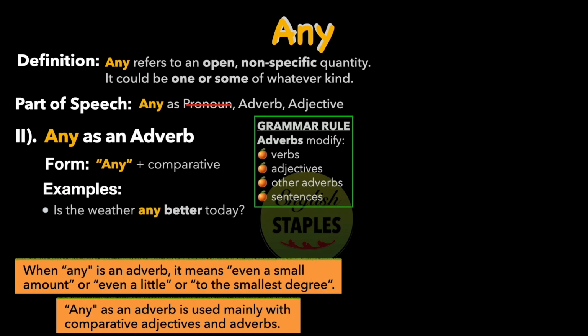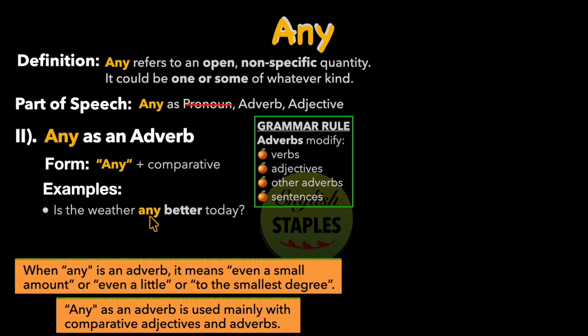For example, is the weather any better today? So we have the word any and we have a comparative, better. Remember, good and the comparative to good is better. Is the weather any better today?